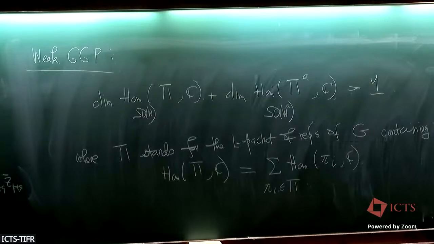Any two groups which are inner forms of each other have the notion of a Jacquet-Langlands correspondence. But here we are looking at pure inner forms, and then this correspondence can be made more precise.